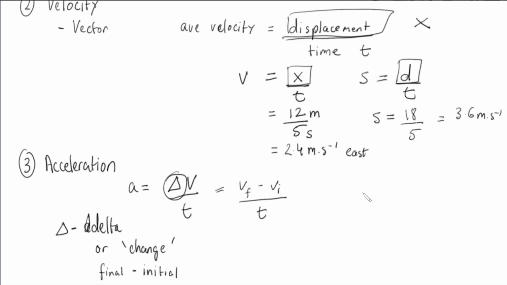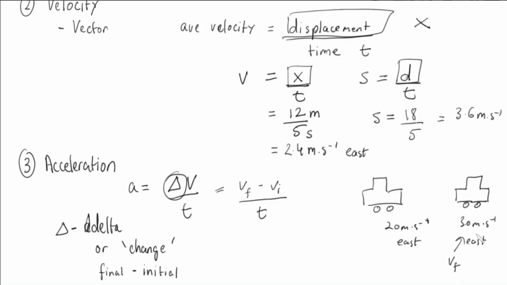For example, say we had a car that was initially traveling at 20 meters per second to the east. And let's say we put our foot on the pedal so that the car eventually had a velocity of 30 meters per second. And let's say this took about 10 seconds to occur. So our final velocity would be 30 meters east.